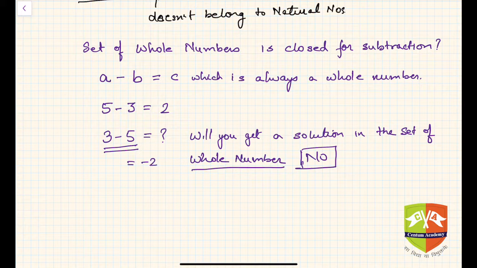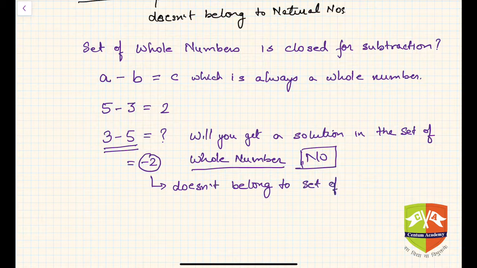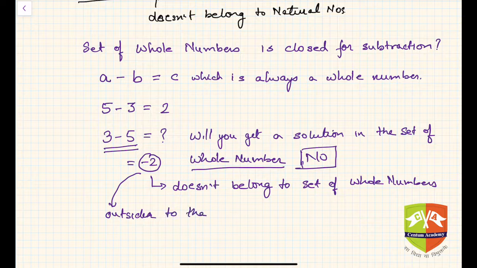So hence another set of numbers now was required, and now that you know that the answer is minus 2, but this minus 2 doesn't belong to the set of whole numbers. So hence this number is an outsider to the set of whole numbers, right?